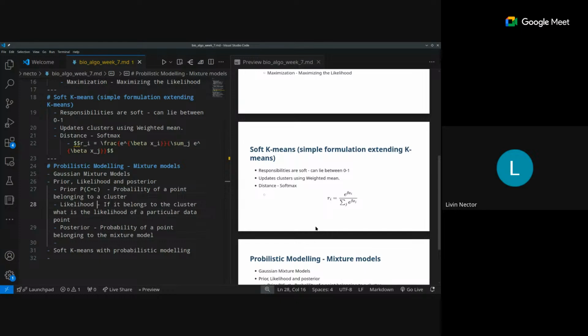This is the probability of a particular data point given the cluster, x given c. And this is, in general, the probability of x according to the model. Okay, this is not the posterior. This is actually the whole probability.